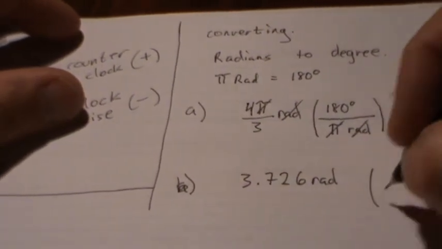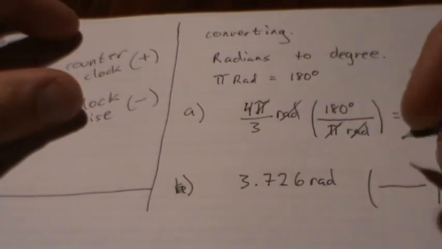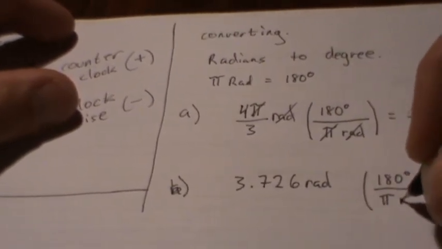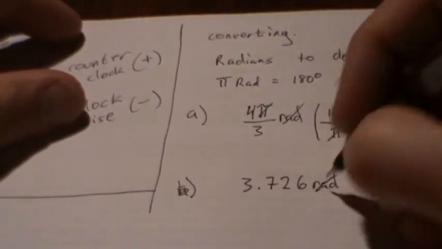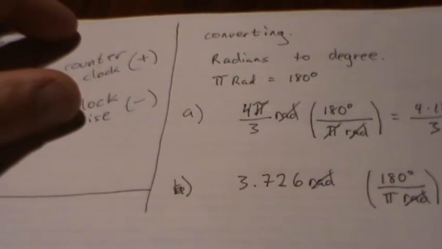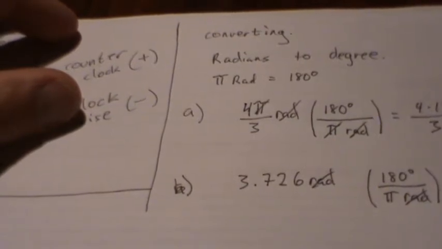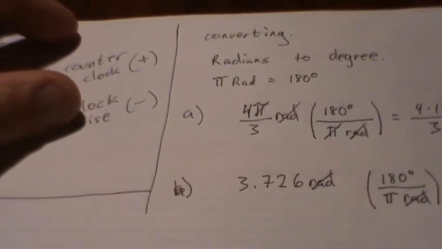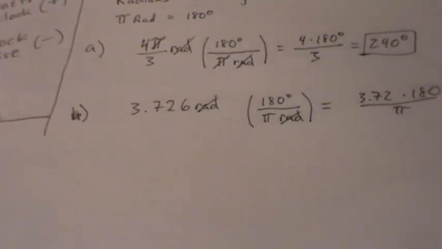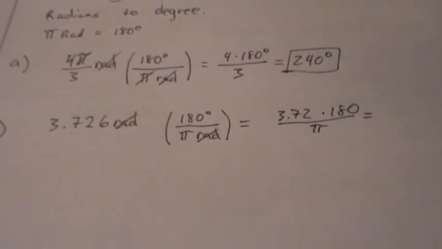You still do it the exact same way. 180 over pi radians, and the radians would cancel, and then in the end you would have 3.726 times 180 divided by 3.14, and that's what you would get.